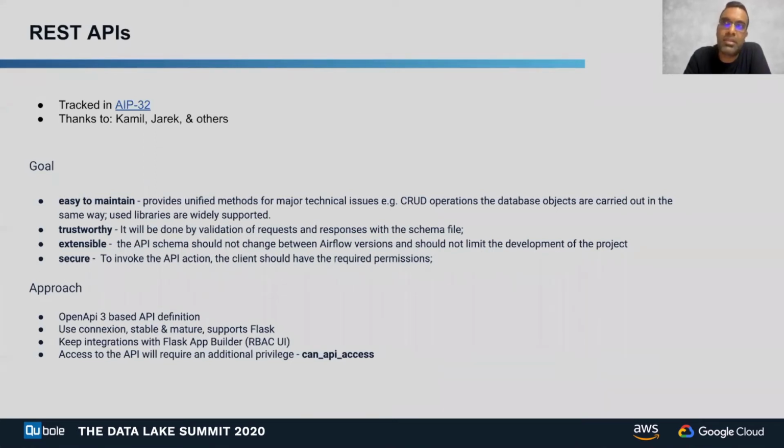And it will be integrated with the Flask App Builder. If you are aware of Airflow, then Airflow uses two UIs for now: Flask based for non role based access control, and the Flask App Builder for role based access control. So this library should be supported with both the UIs.